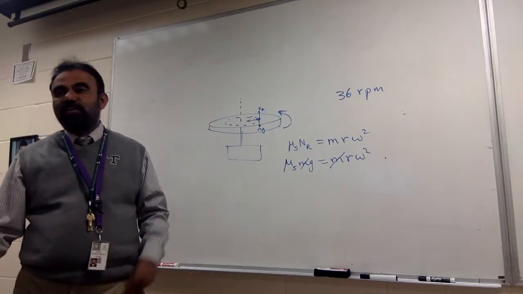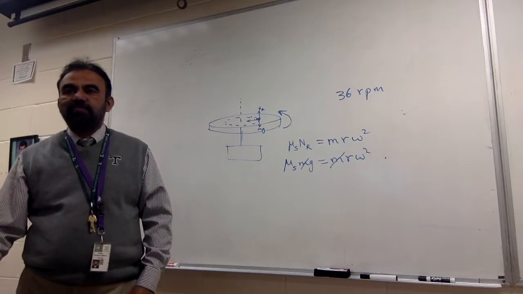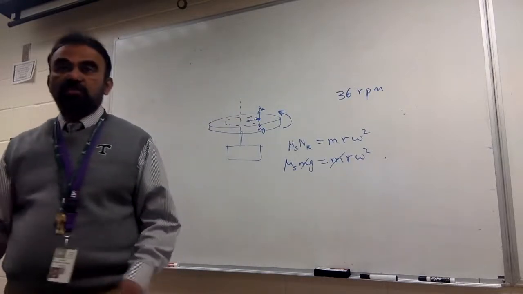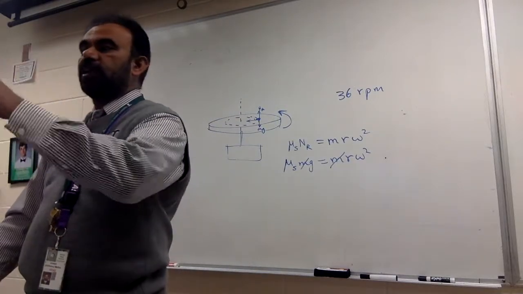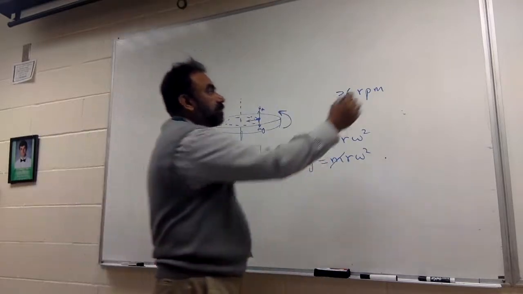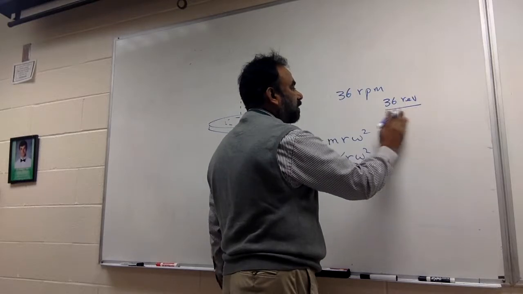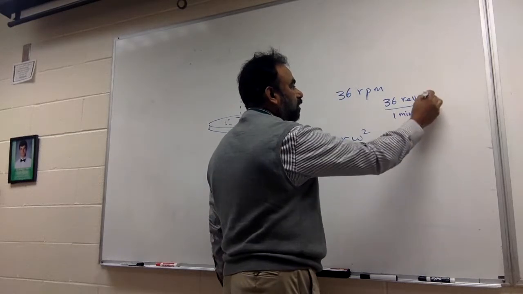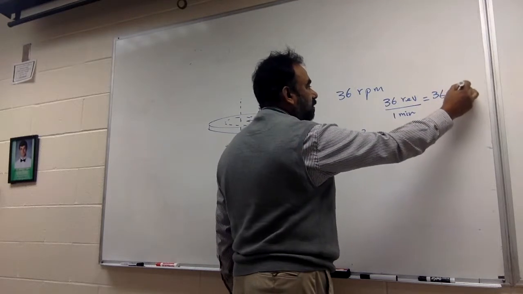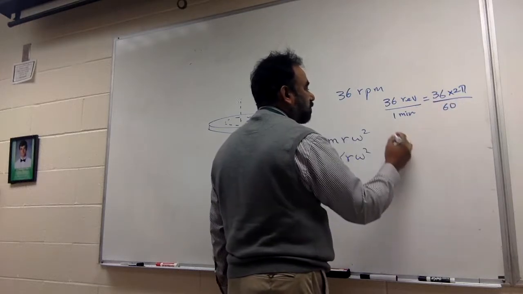So from there, can you get omega? 36 RPM, change it up. 36 revolutions per minute, change it to how many radians per second? Change it to seconds. You need to change it to 36 times, each revolution is 2 pi radians, then divide by 60 seconds.